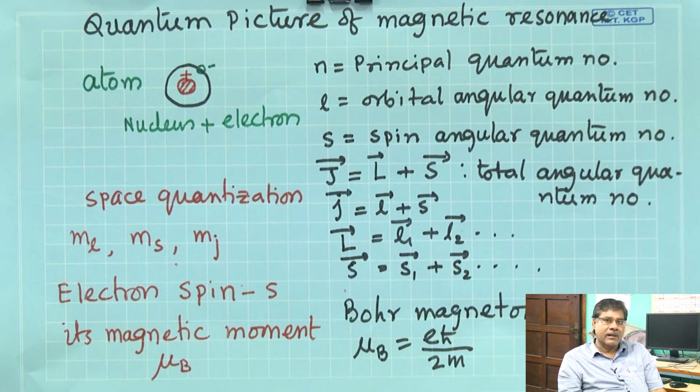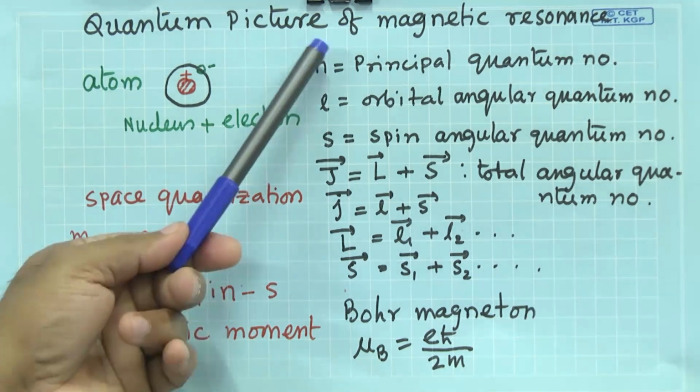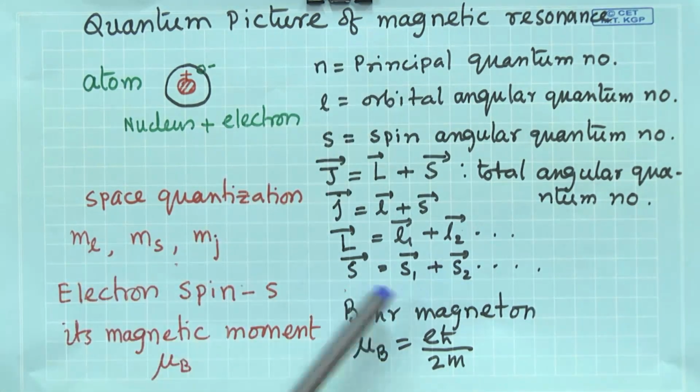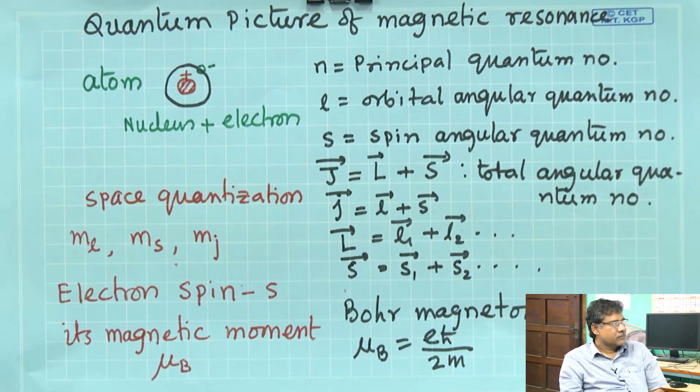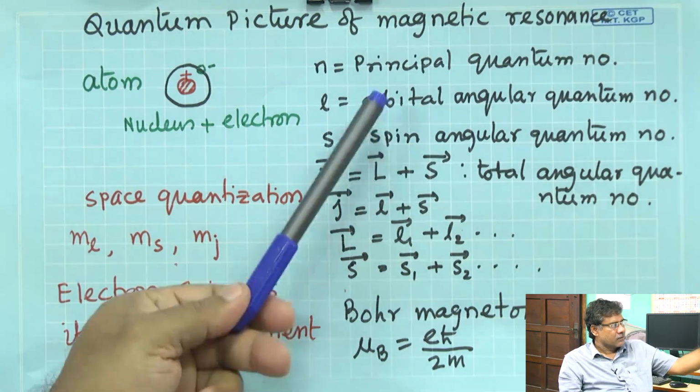The vector model for atomic structure is a very successful model. From there, we have considered these quantum numbers to specify the electrons in an atom. So, now whatever the angular momentum I showed here.